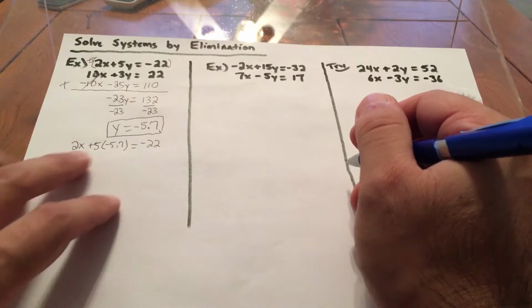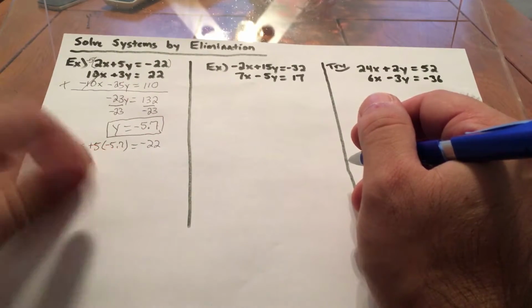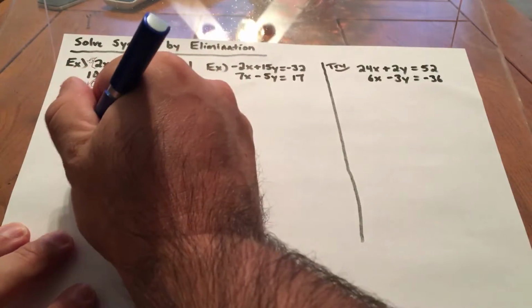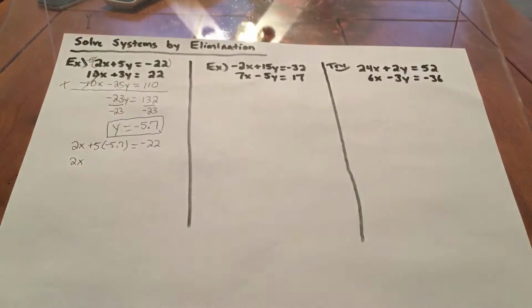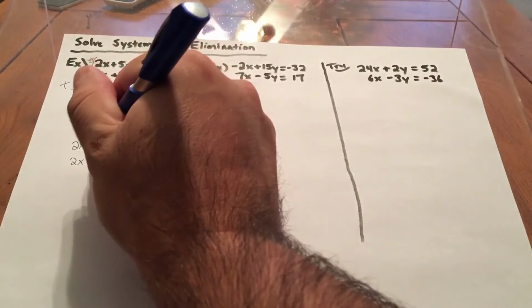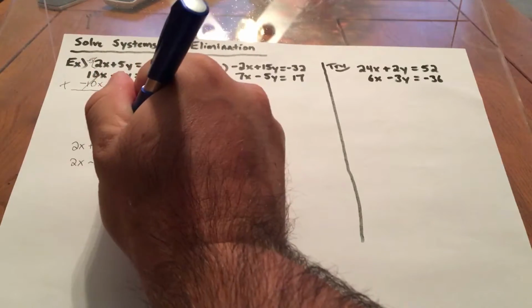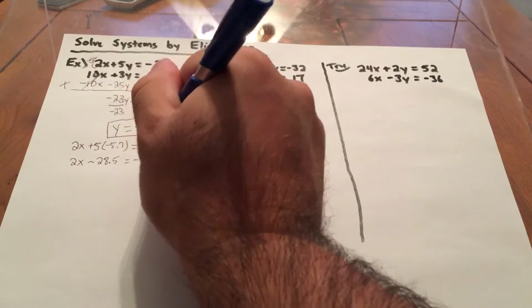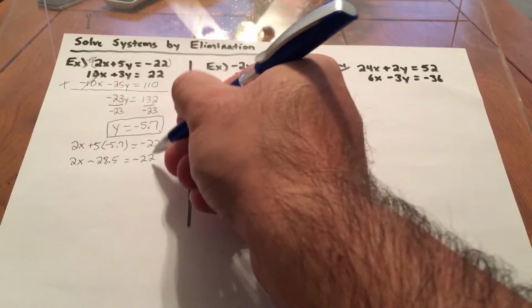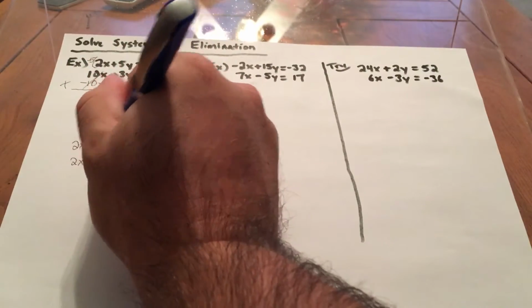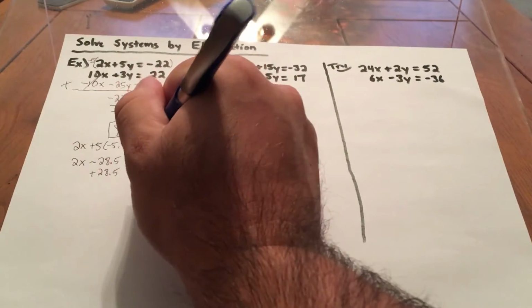All right, so now you want to solve this equation for x. The first thing we need to do is multiply those two things together. So we've got negative 5.7 times 5, that's going to be negative 28.5, and that is equal to negative 22. And then we're going to add 28.5 to both sides.